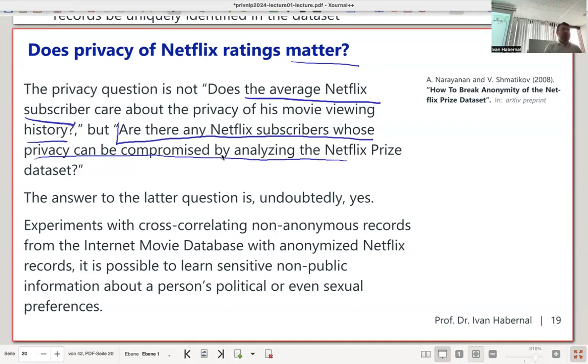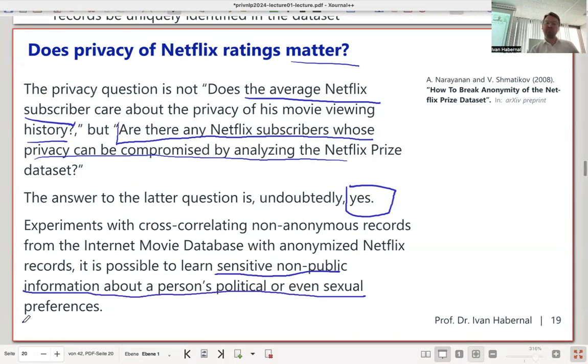We don't care about the average; maybe somebody will get hurt very badly. And unfortunately, the answer is yes. They experimented with cross-correlating non-anonymous records from IMDb with Netflix. It's possible to learn sensitive, non-public information about a person's political or even sexual preferences.